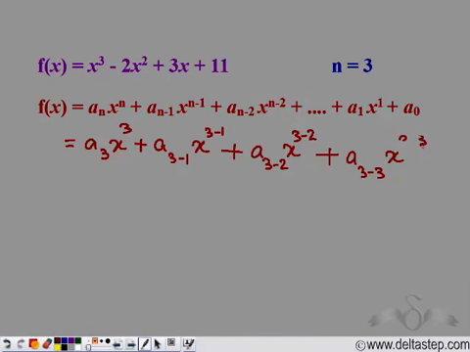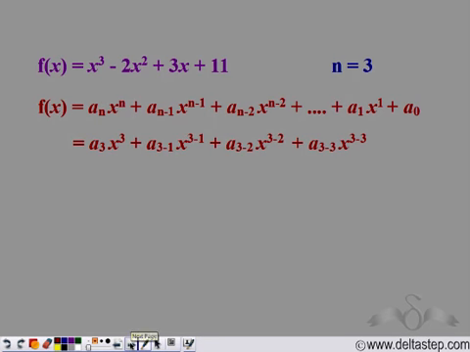We stop here. So when we get this term 3 minus 3, we stop. So these are all the terms.